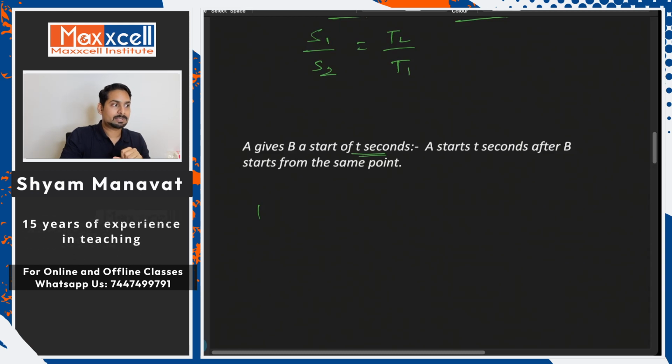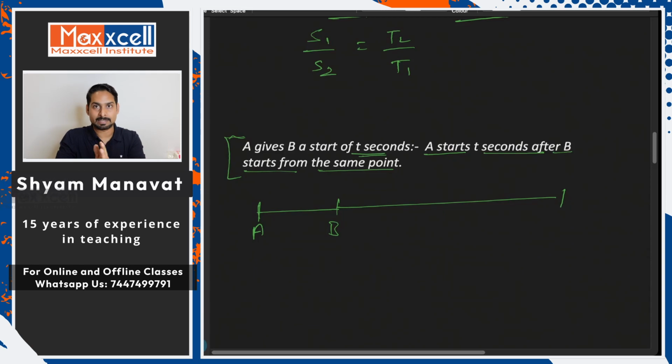The relationship we will see later, whether they reach at the same time or what. But you need to understand the meaning of this. A gives B a start of t seconds. It means A starts t seconds after B starts from the same point. That means definitely after t seconds B will be some distance ahead, right?